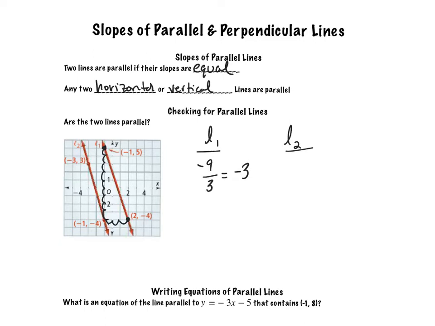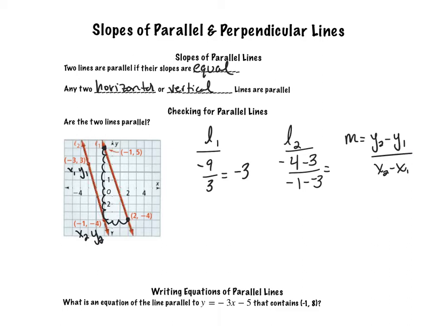Remember, we can also use the slope formula, that m is equal to y2 minus y1 over x2 minus x1. And so we're going to do that for line 2 just as a quick review. So I have x1, y1, x2, y2, and I can plug those values in. Negative 4 minus 3 over negative 1 minus negative 3.